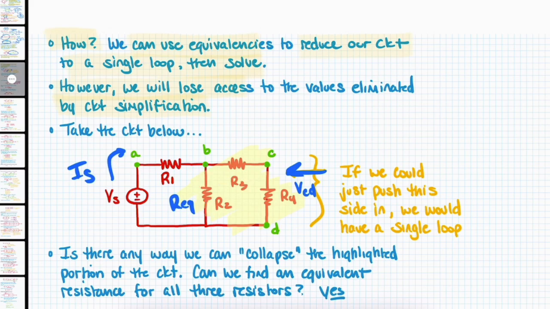Then when we expand it back out, we may not know the current here and the current here, but we know that the sum of those two is this IS. So when we expand it back out, there's still information that we can use from the collapsed form that's relevant.